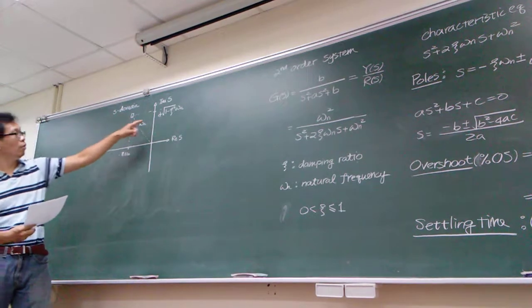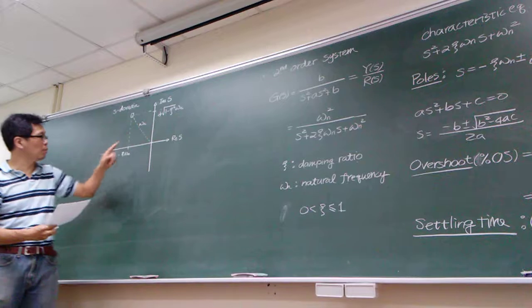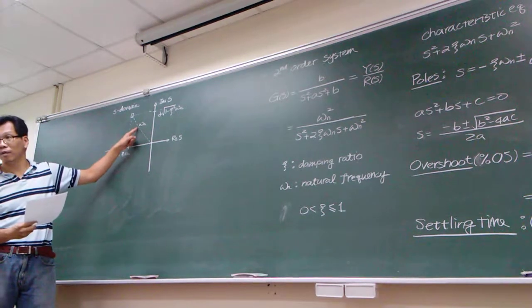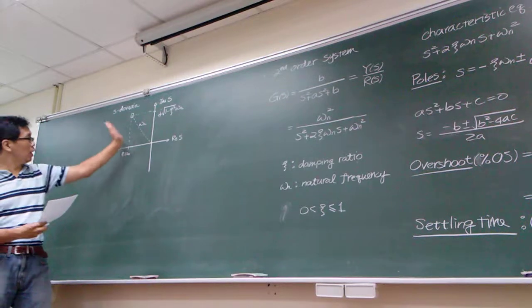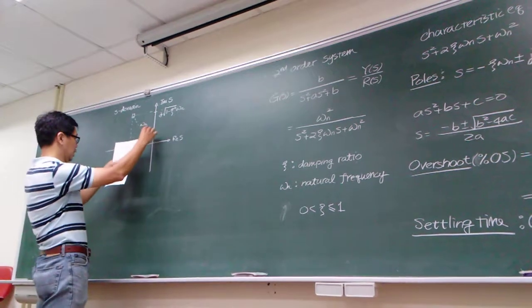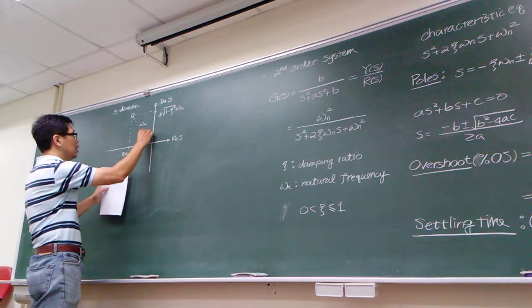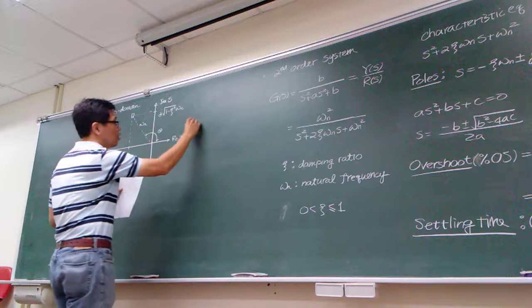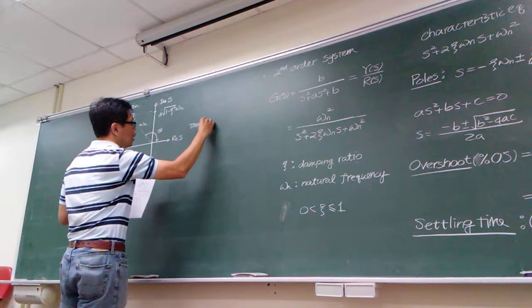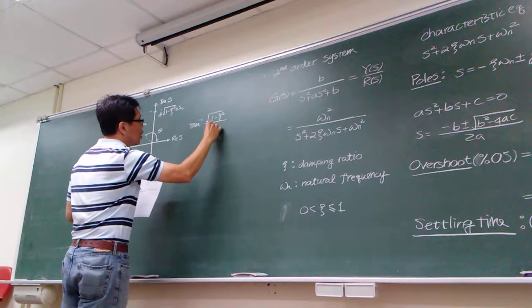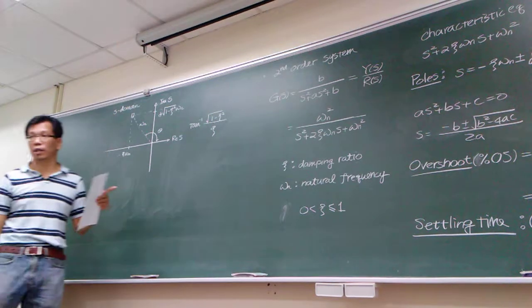So if you square this number and take the square root of the combination, it's going to be omega n. So if you do the calculation, you're going to find the angle over here is going to be something like this.